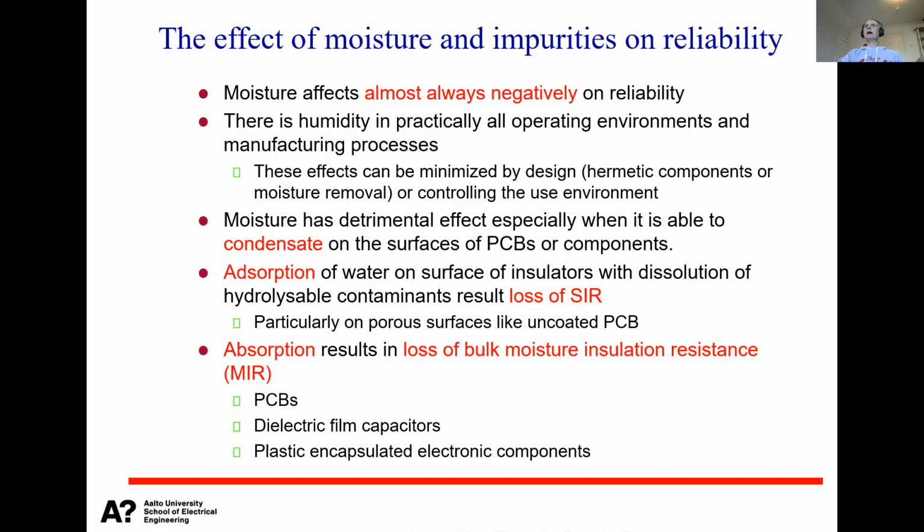The other thing is that if we exclude space and even avionics, we always have more or less humidity in the operational environments, and typically the amount of humidity is changing. As I said, it has yearly cycles. In the summertime, you have more humidity, especially the absolute humidity is higher because of the higher temperatures.